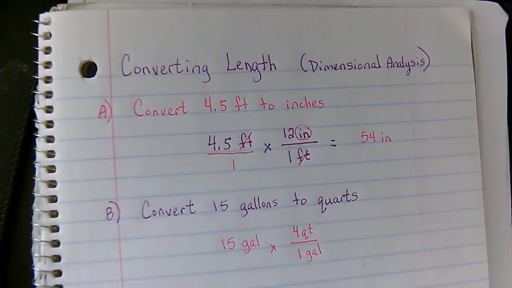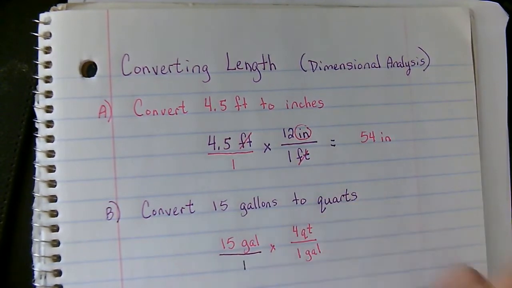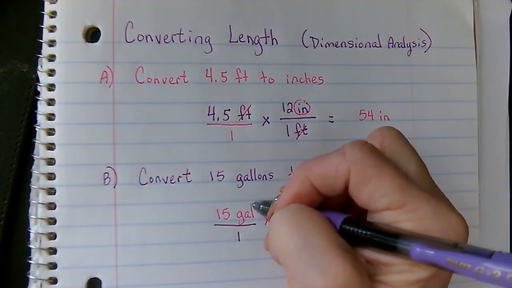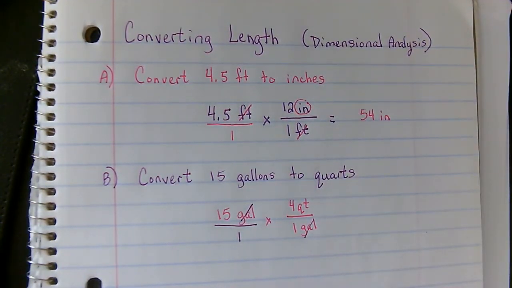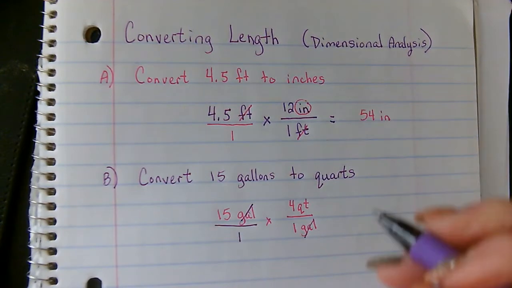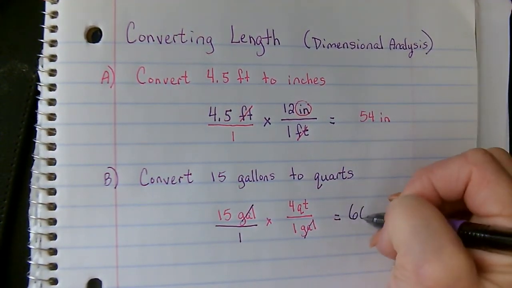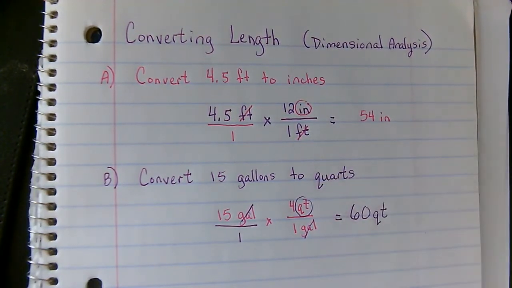And once again, this is the same as the whole number over 1. I can cross simplify by canceling out the words that are the same and multiply across, which gives me 15 times 4, which is 60, and then the word quarts is left, so I got 60 quarts. Okay?